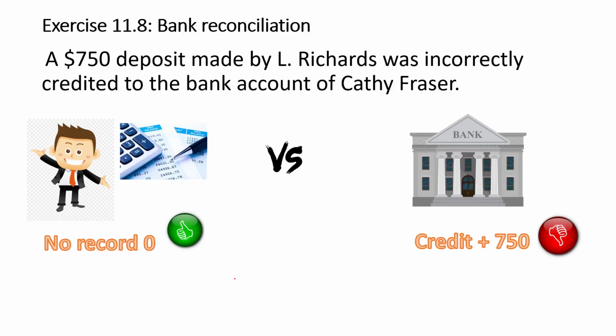The next adjustment is a 750 deposit made by Al Richard that was incorrectly credited to the bank account of Kathy Fraser. We don't know who Al Richard is, but that is their money, and the bank mistakenly added it to our account. In our record, everything is perfect, no issue. But in our bank record, we can see that the bank mistakenly added to our account, so our balance is overstated.